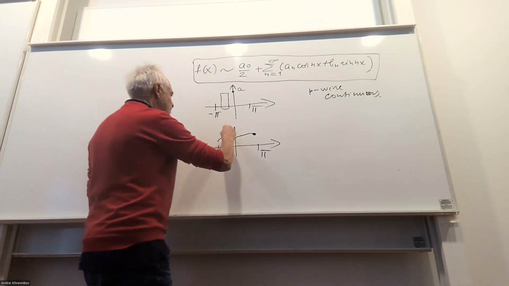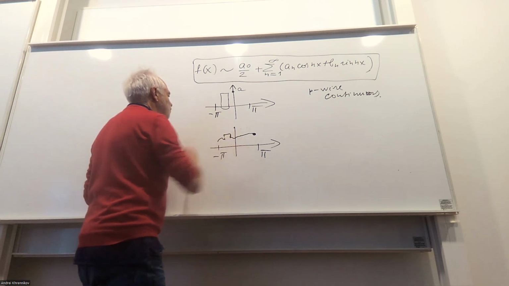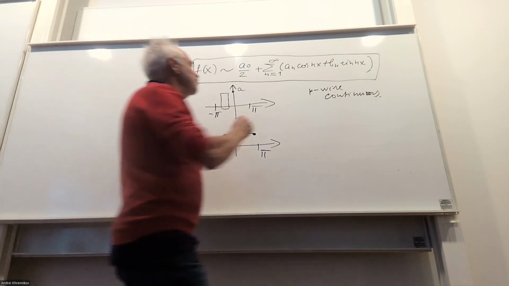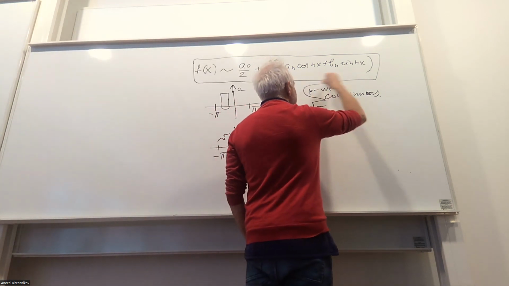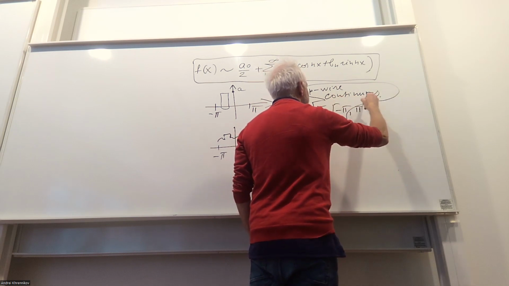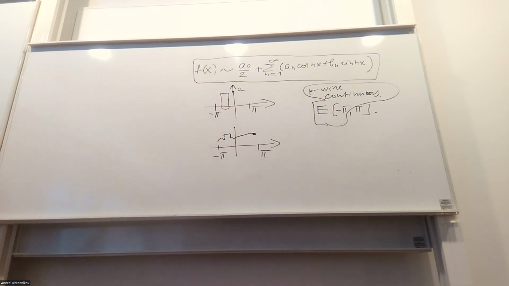It jumps at some points. So this is a piecewise continuous function. And we denote the space of piecewise continuous functions on the segment minus pi to pi by the symbol E.